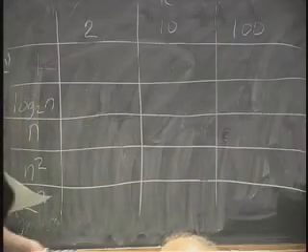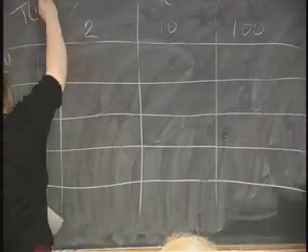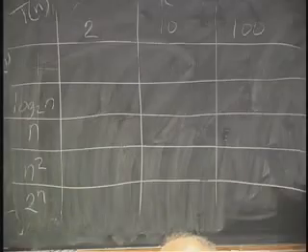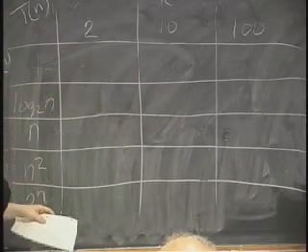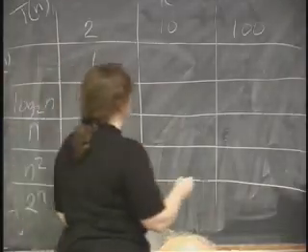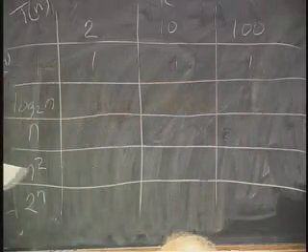If it's constant, this is going to be t of n. Could be space too, it doesn't really matter. But how many steps for constant if we've got n of 2? 10? 100? Good. Okay, log base 2 of n.